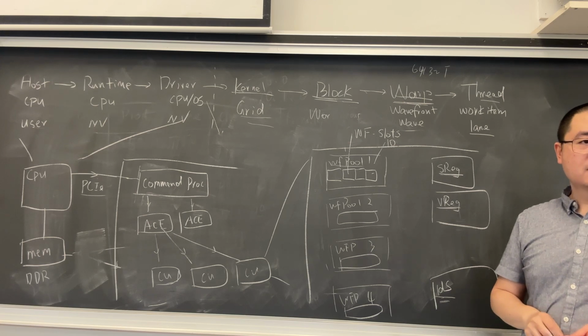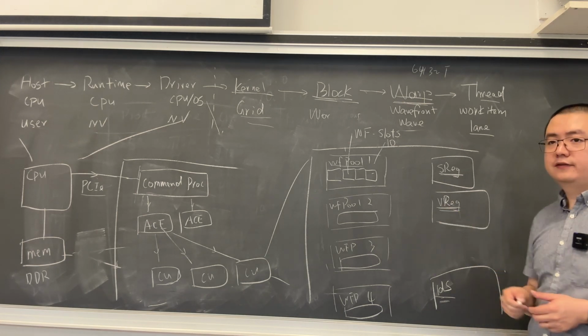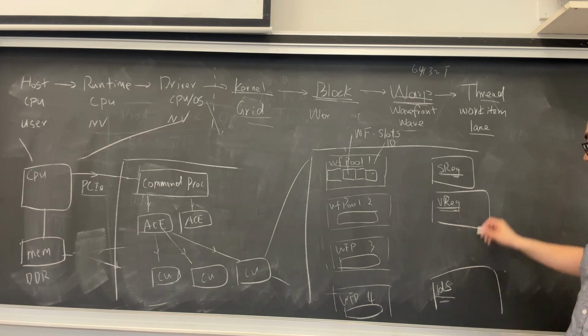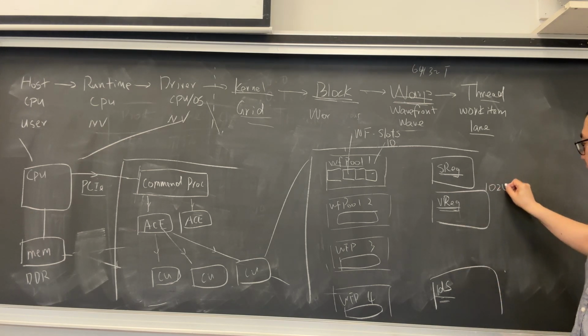Okay, so how large is the vector register? The vector register is 1024 multiplied by 64.